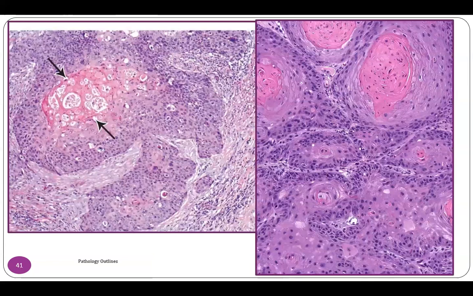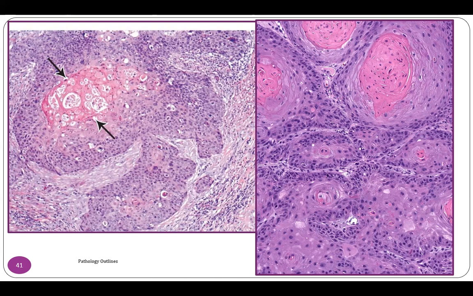The grade: same thing as in adenocarcinoma. Well differentiated, moderately differentiated, and poorly differentiated. How do we grade squamous cell carcinoma? We grade it depending on the squamous differentiation. If we have a clear cut, very well defined advanced squamous differentiation, it is well differentiated, close to the normal mucosa.